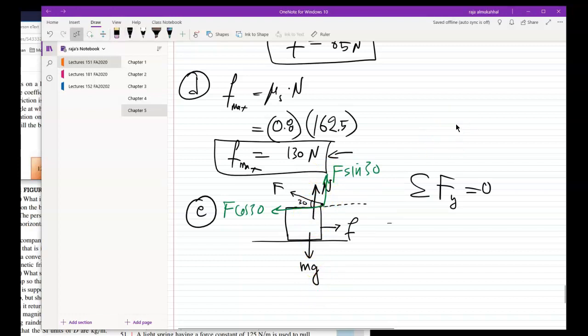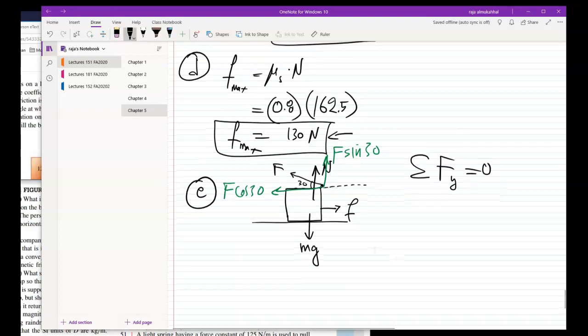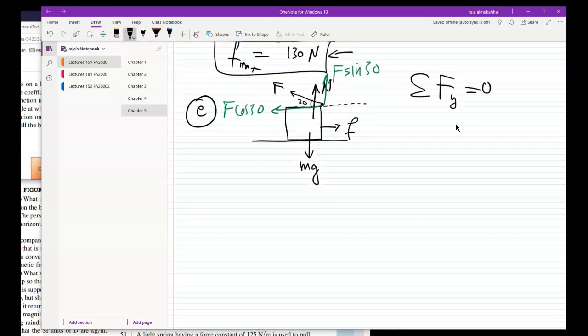So I'm going to write that down. I'll put it below, I don't want to clutter things here. Sigma F in the y direction is 0. So I'm going to have the normal plus F sine 30 minus mg equals 0. And there we go.